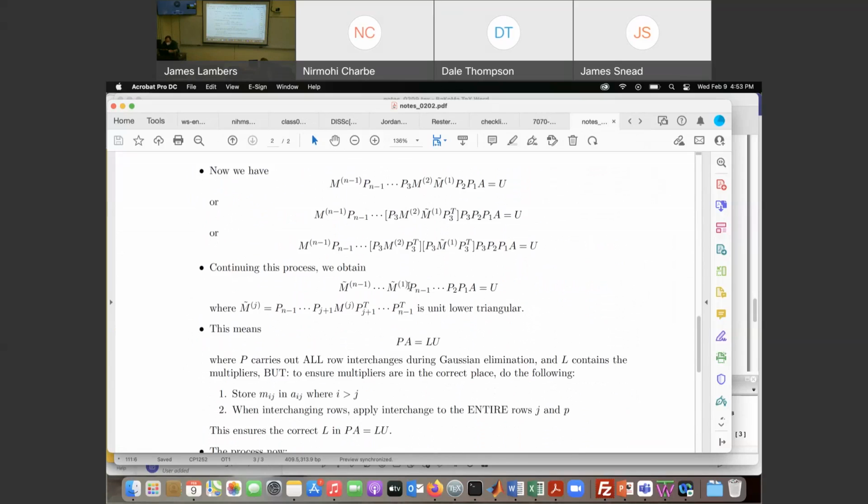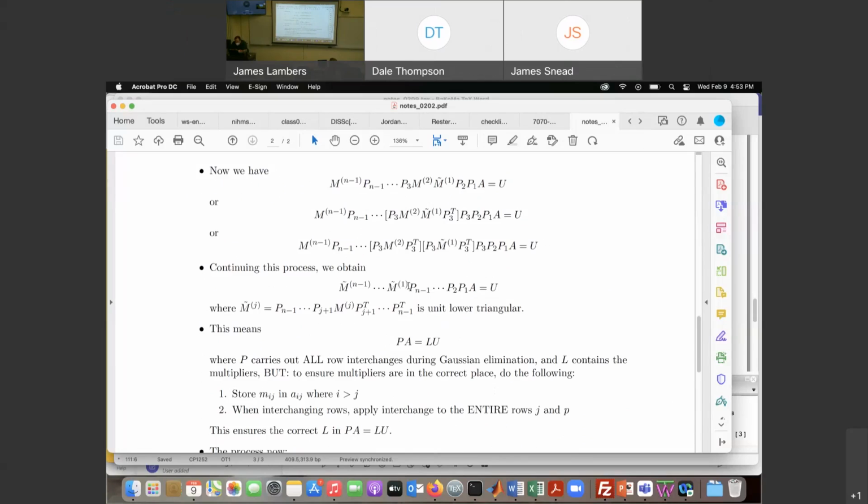And then a strategy for storing all of this during the process of Gaussian elimination with partial pivoting.